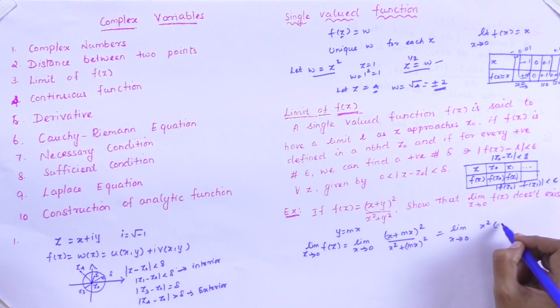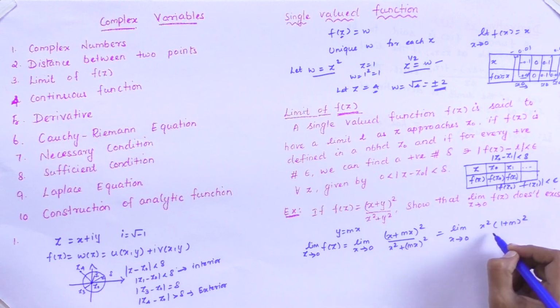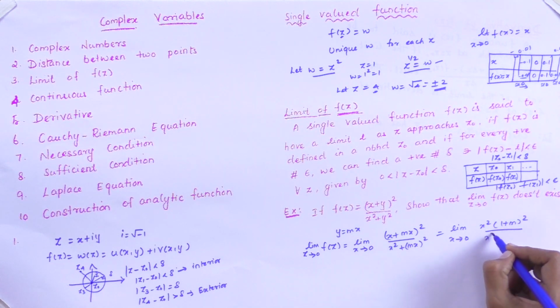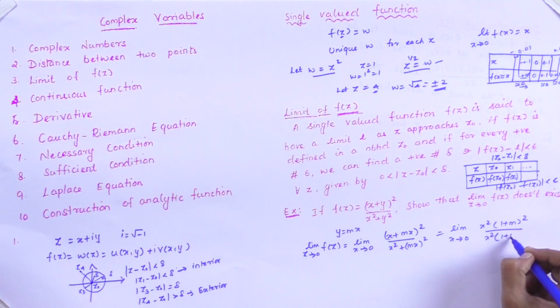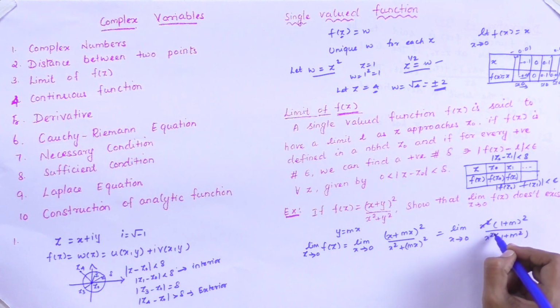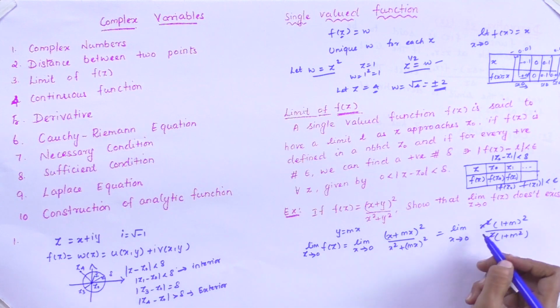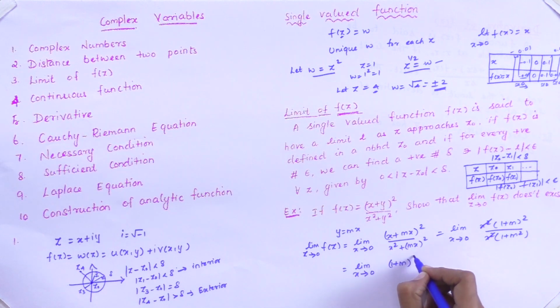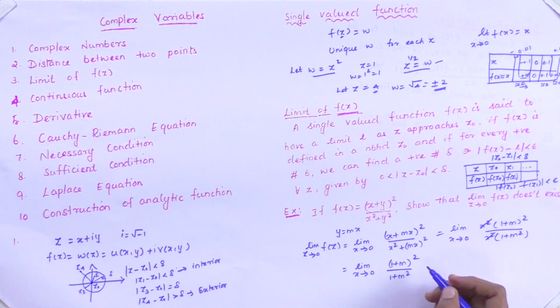Therefore, it is x square times 1 plus m the whole square divided by, in the denominator also we can take x square, the remaining will be 1 plus m square. Cancel the x square terms in the numerator and denominator. The remaining is limit x tends to 0, 1 plus m raised to the power 2 upon 1 plus m square.